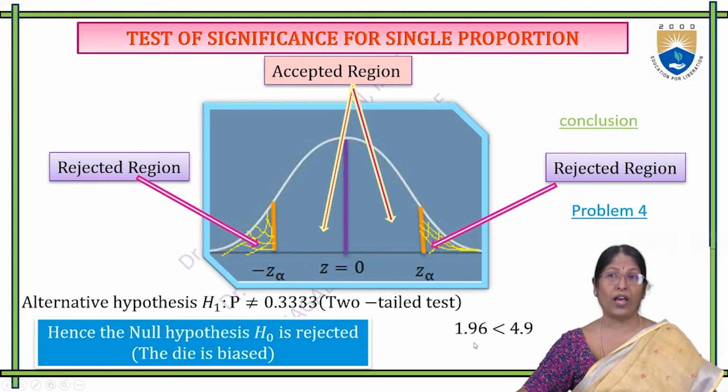The tabulated value we found is less than the calculated value, so we are not in a position to accept what we defined as the null hypothesis. So the null hypothesis is rejected, and the alternative hypothesis is dominating. The alternative hypothesis is the die is biased.